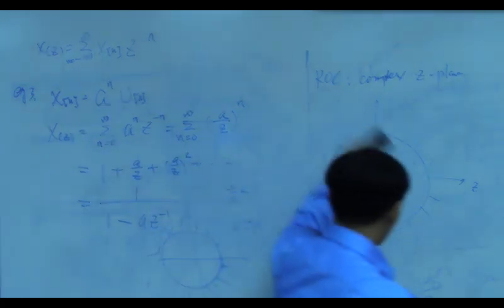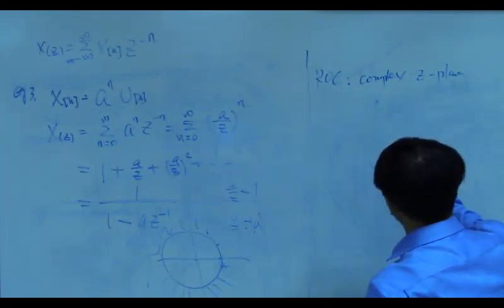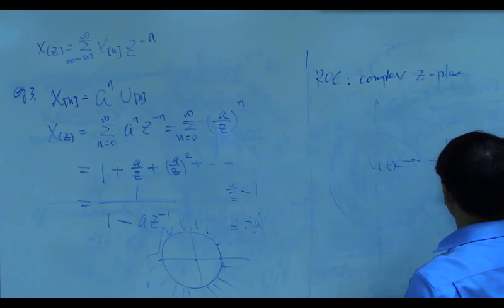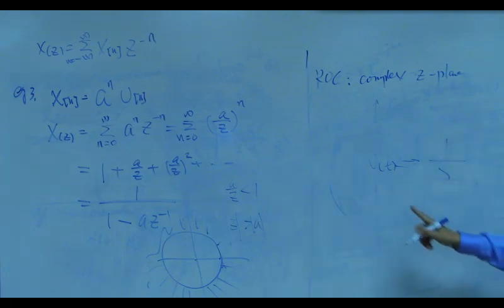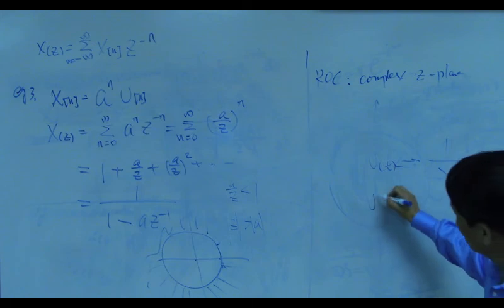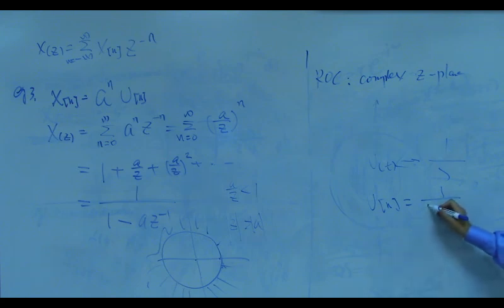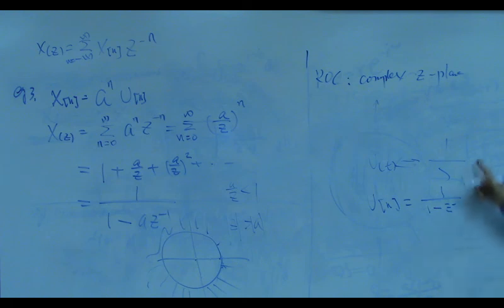In the Laplace counterpart, we know u(t) gives us 1 over s. That is like u[n] gives us, what does u[n] give us? 1 over 1 minus z to the negative 1, right? Z transform.